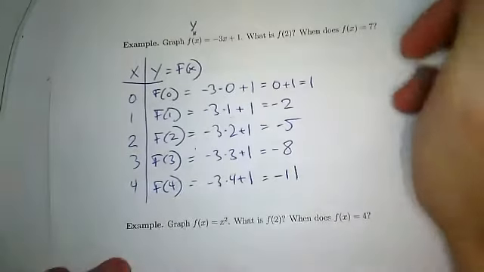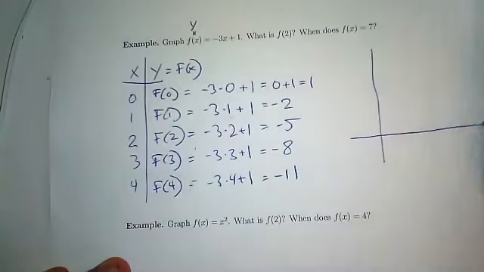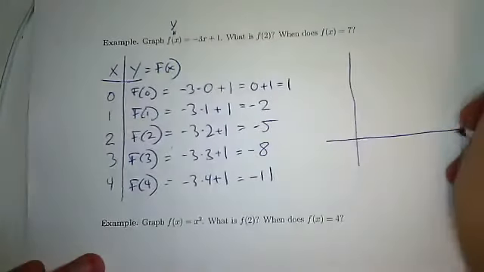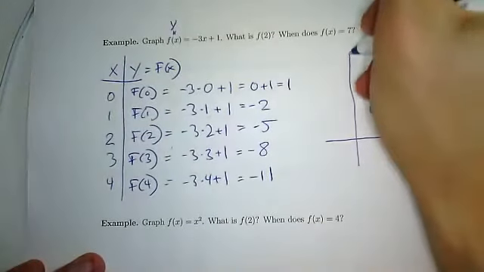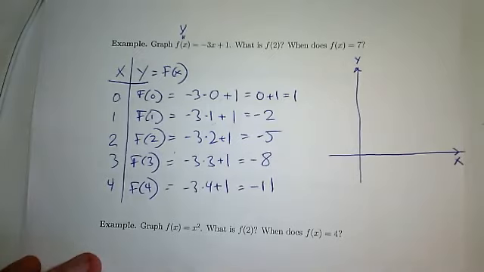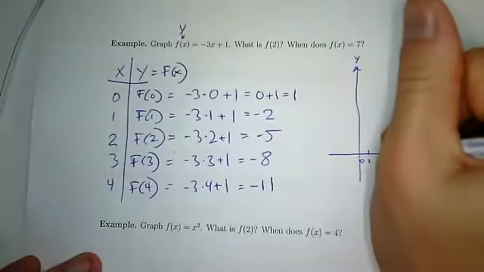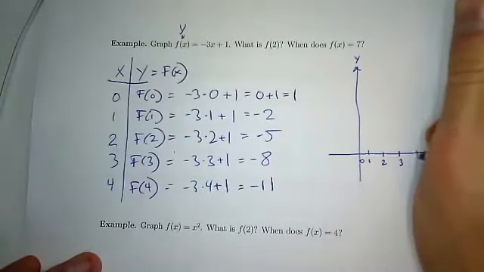But anyway, to graph this now, if I have room, I took up a lot of room making a graph. You just plot the points like before. Again, I have x on the horizontal, y on the vertical, and I'll make notes where my x values are. So 0 is here, 1, 2, 3, 4.